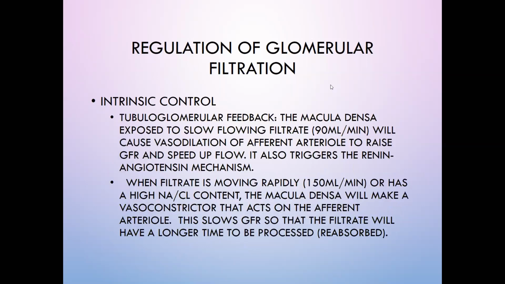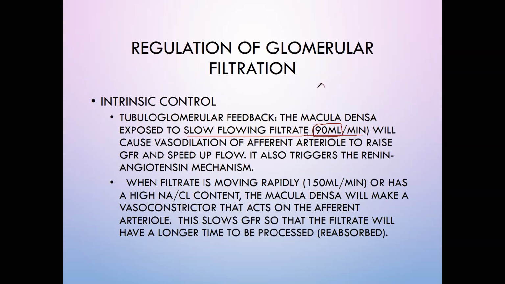Okay. Now, tubular glomerular feedback. So you could also make two more cards for that. What are we going to see in tubular glomerular feedback? All right. So let's look at slow flowing filtrate. Okay. So if we have slow flowing filtrate, then we are going to have a low GFR. So what's our number that we're supposed to have? 125 milliliters per minute.